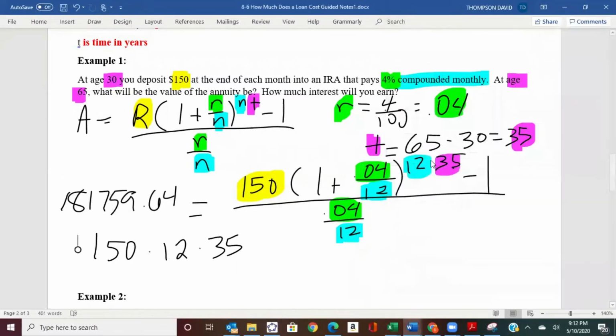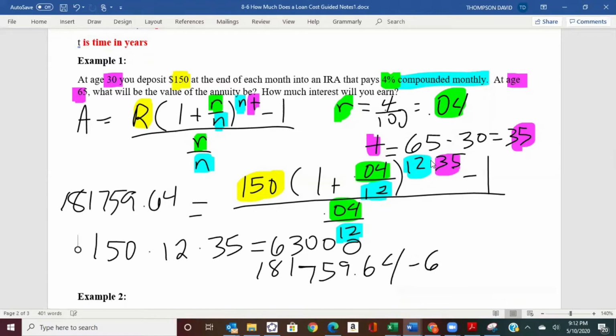So that's a nice return. So what I have to do is subtract, and I'll see how much interest I actually made on my investment. 181,759.64 minus 63,000. And that should give me a pretty nice return on my investment.